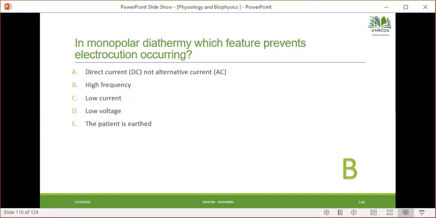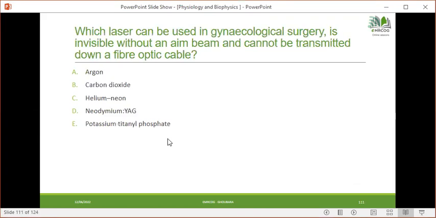Because if the voltage is high or the current is high, we can get electrocution, but it has nothing to do with it. It's not because we use direct current, because diathermy is not a direct current. Diathermy is alternating current. And of course, the patient is not Earth. As I said, the machine itself is Earth, and I will tell you why.